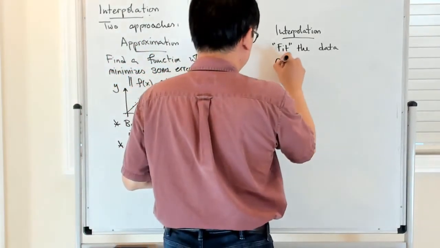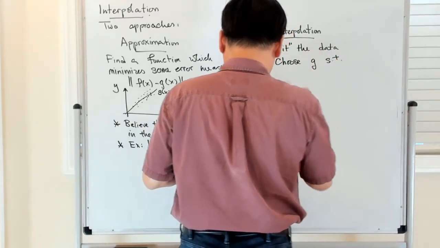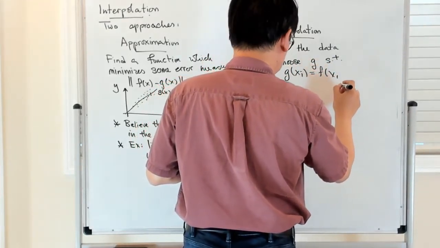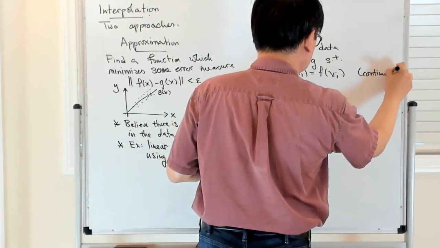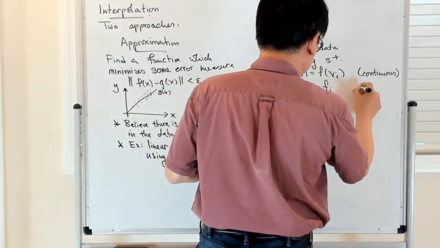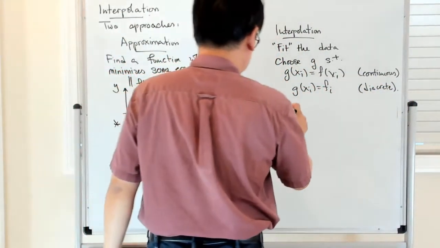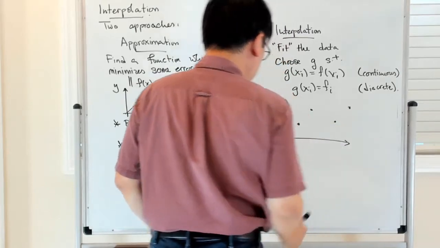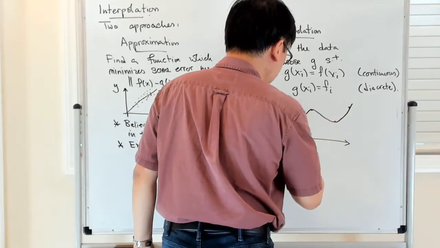You choose g such that g of x_i is equal to f of x_i in the continuous case, or g of x_i is equal to f_i in the discrete case. As an example, if you have sampled the data like so, you want to actually choose a function which goes through all the data points.